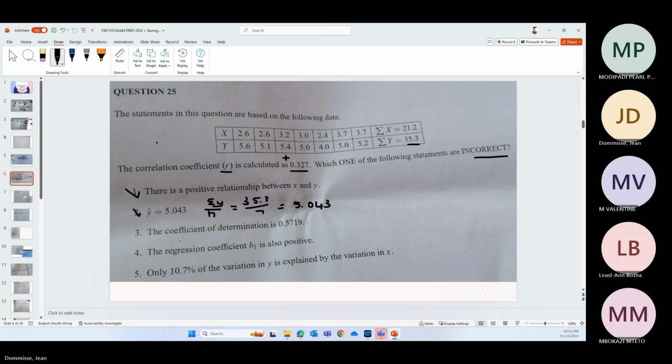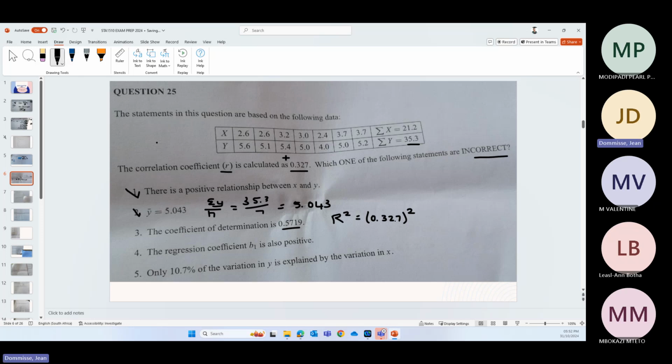Then the coefficient of determination. So coefficient of determination is R square. So we will need to work that out, but that is 0.327 to the power of 2. Let me just, that nearly looks like a standard deviation.